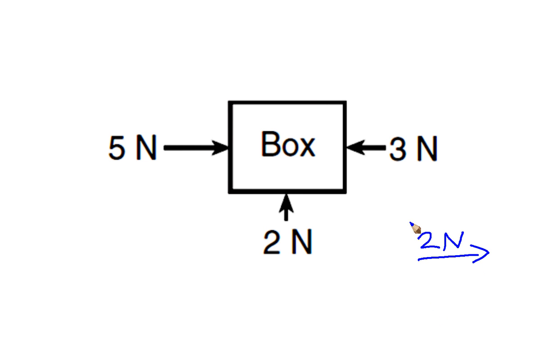Now I'm also going to have 2 newtons acting upward. For year 11, that's totally fine. We could say that the net force here is 2 newtons up and 2 newtons across, and that's totally legitimate.